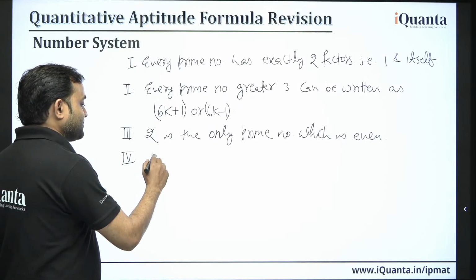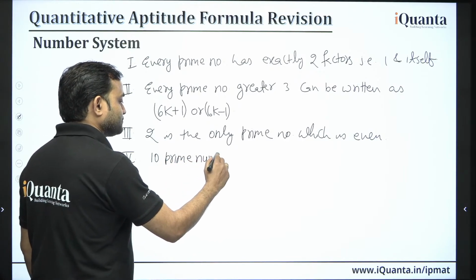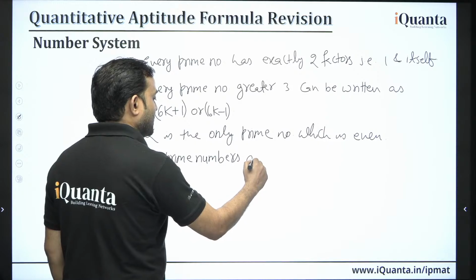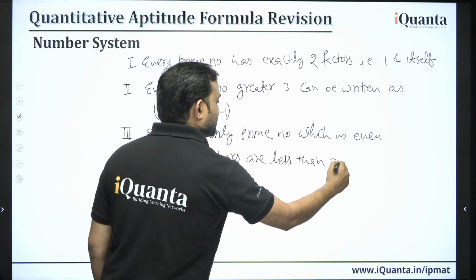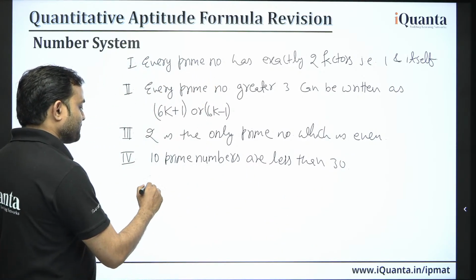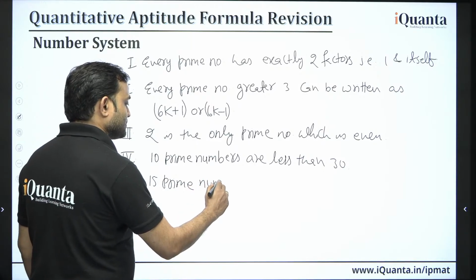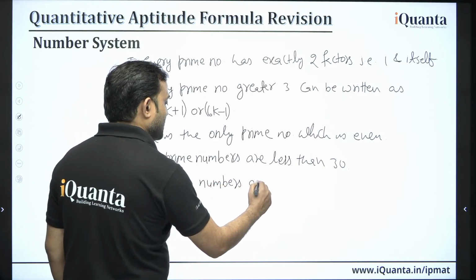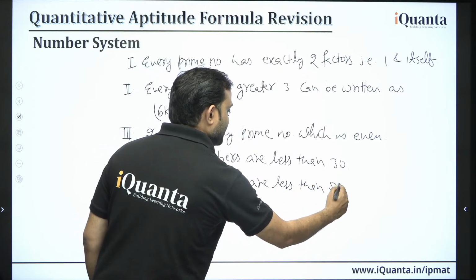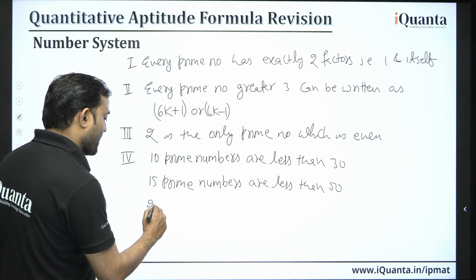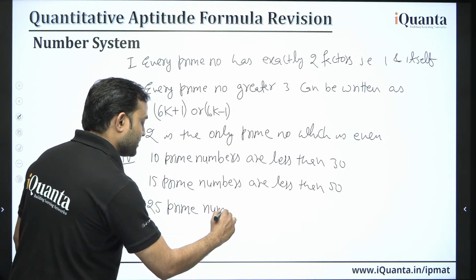There are 10 prime numbers less than 30. 15 prime numbers are less than 50 and 25 prime numbers are there which are less than 100.